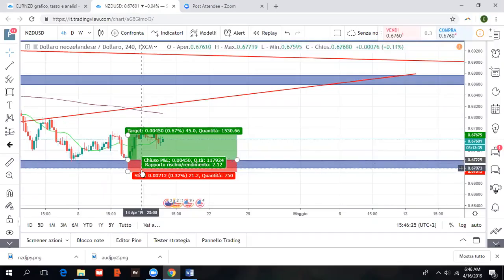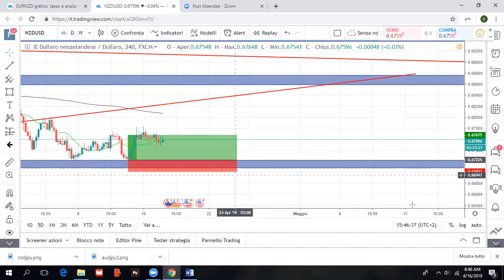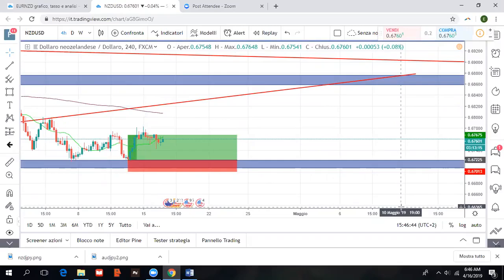So we have a 20 pips stop loss in this case if we enter right here. And to have a risk reward ratio of 1 to 2, we will need a 40 pips take profit. So in this case, from 0.6722 to 0.6762.